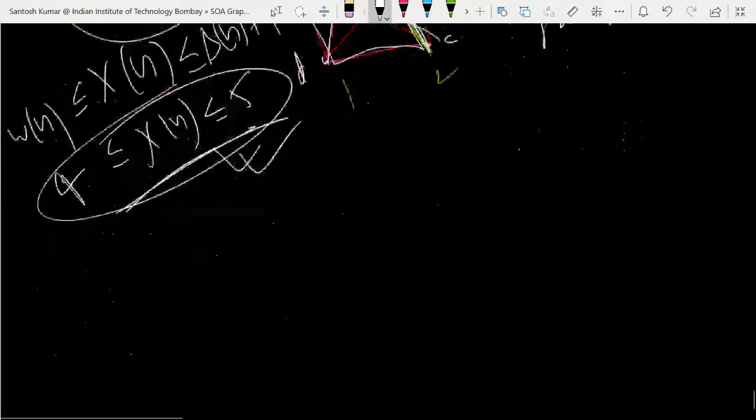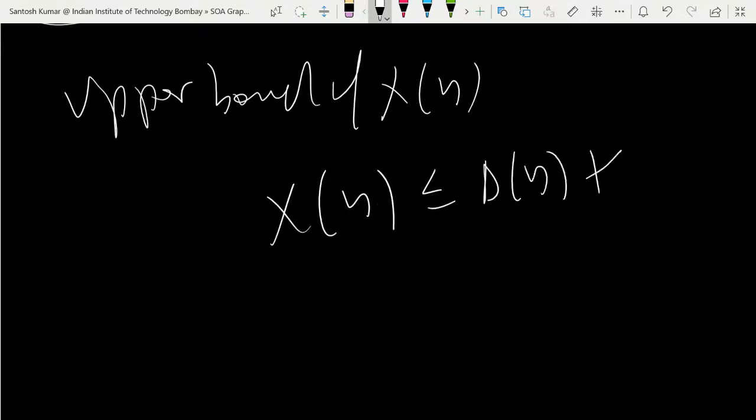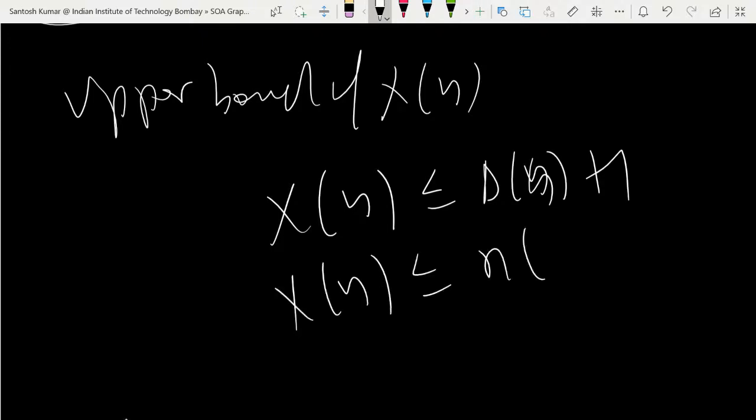So I would again like to say, the upper bounds of chromatic number are: it is less than or equal to delta G plus 1, and the other was the simple vertex bound, which is very trivial.